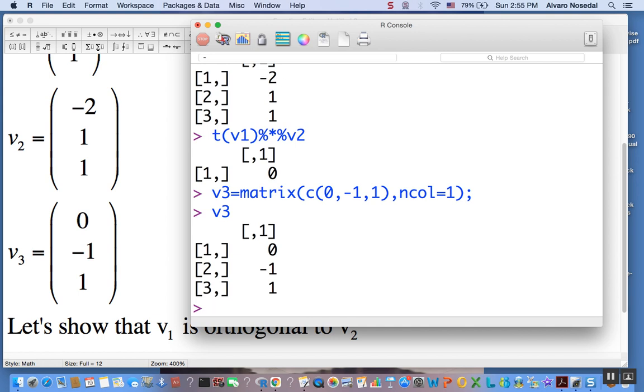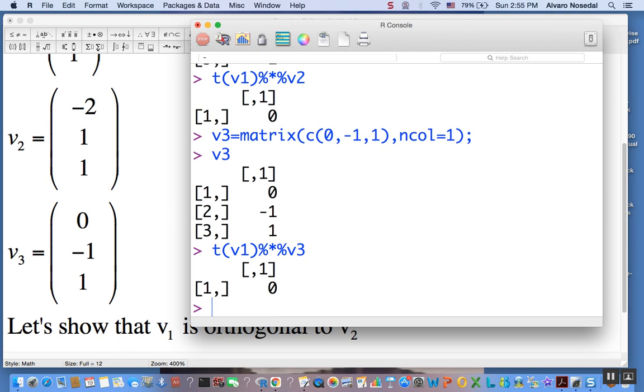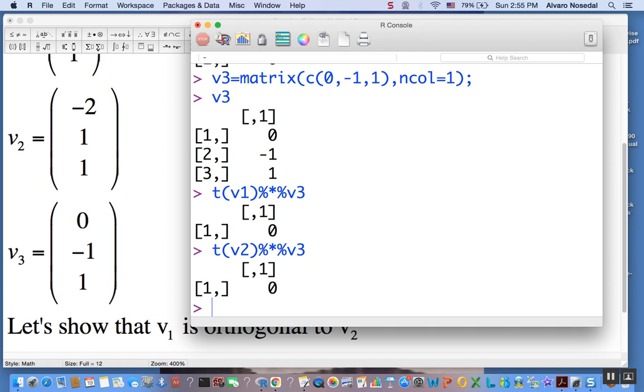In a similar way, we can show that v1 is orthogonal to v3. So it would be transpose of v1 times v3, 0 again. And we can also show that v2 is orthogonal to v3, 0.